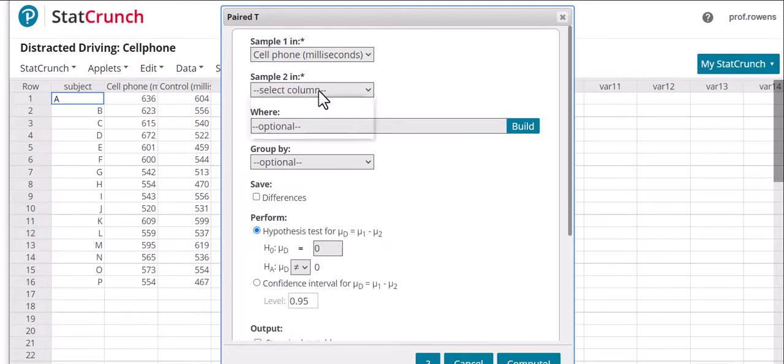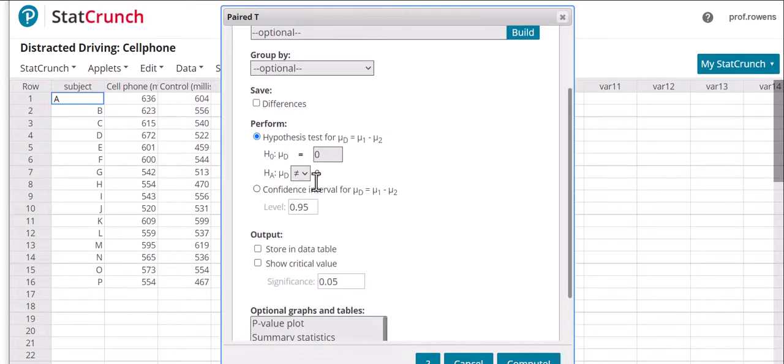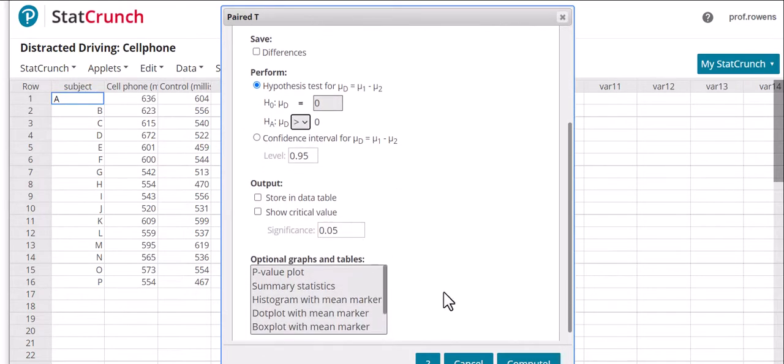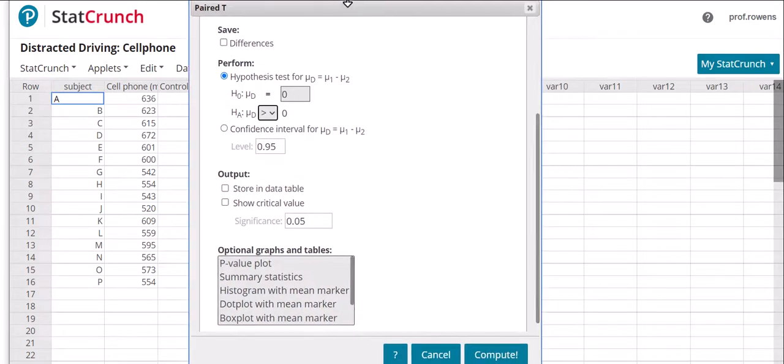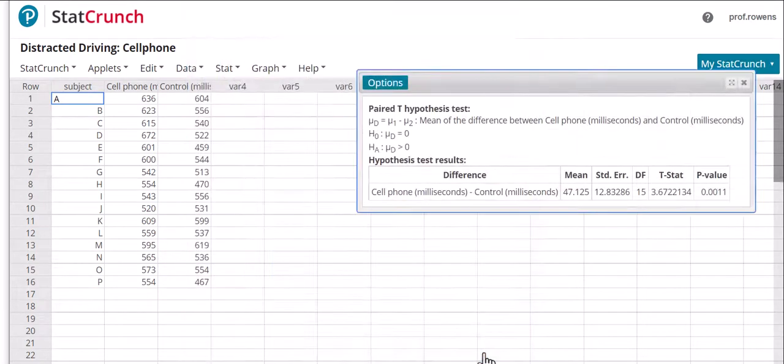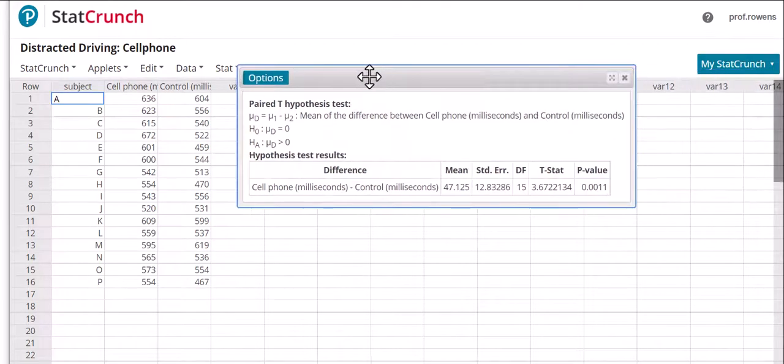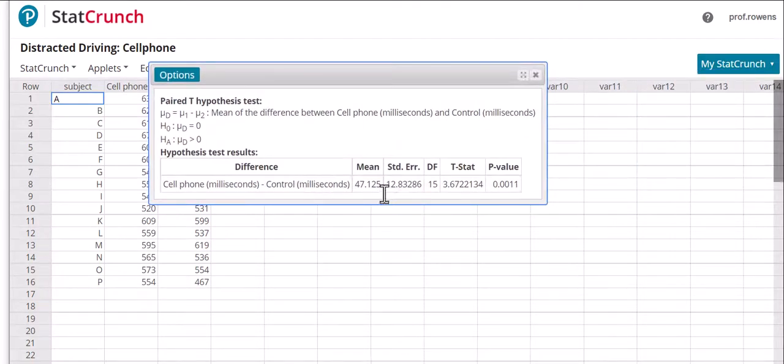Cell phone is our treatment, and control is the other one, and we had a right tail test for that one, with a 0.05 level of significance, and let's hit compute. And notice that there's our t-statistic, still 3.67, and p-value 0.001. So we can still do it with StatCrunch as well.